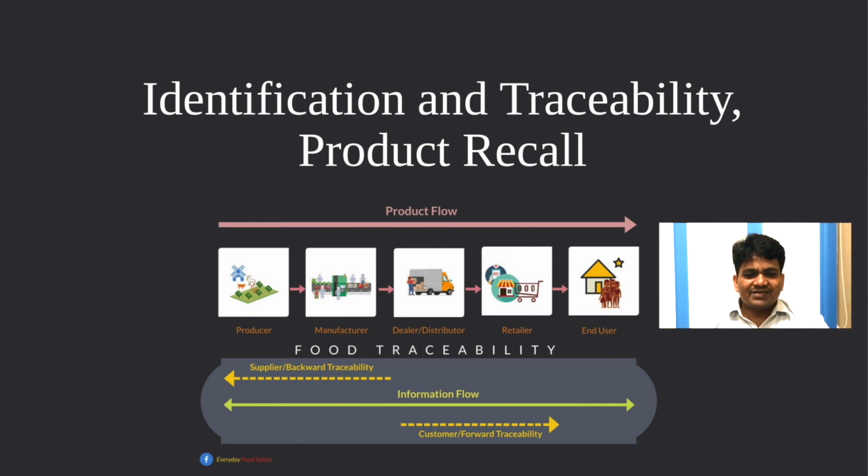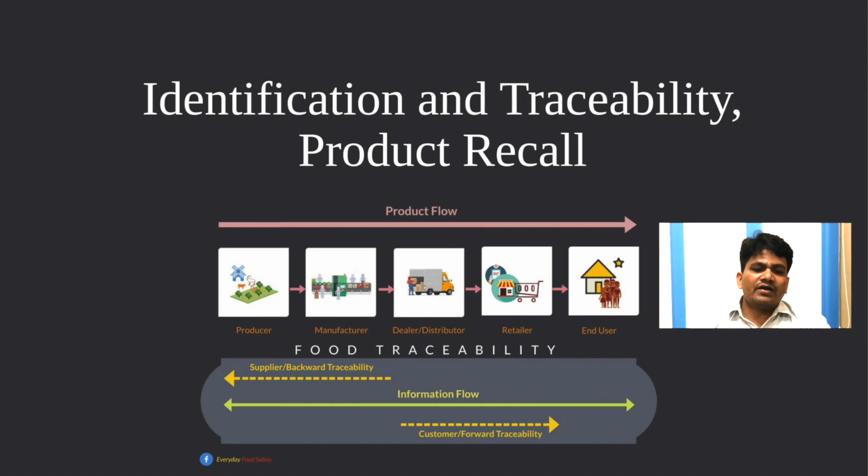And when we look at product traceability, we see how the information flow is there, and how that information is used to address complaints and the situation of the products. That may be customer related information and customer related issues, which we see in terms of forward traceability.